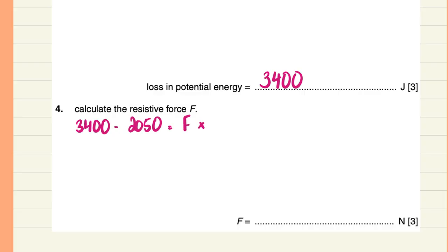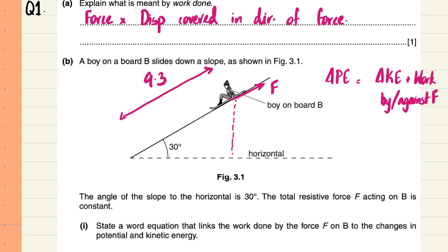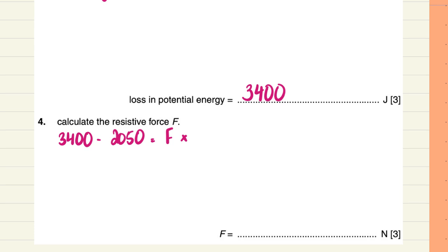As I labeled on the diagram above, F acts along this distance. So the distance it acts over is the answer to my very first calculation part, which is 9.25. So 3400 minus 2050 divided by 9.25. Just take care that because these are already 3SF rounded values, I cannot give my answer to 3SF, I must give it to 2SF. So this is 145.9 according to my calculations. To 2SF, this becomes 150 Newton.